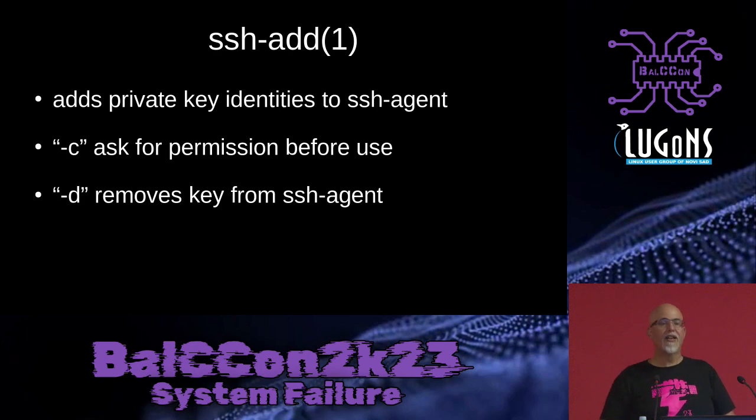So you can say, okay, for the keys for my production environment, I want my system to ask me, do you really want to use that, in case a malicious actor subverted your system or something. And you can also remove keys from the SSH agent, which is very handy if you're doing presentations and adding and removing keys all the time, so you get your presentation right.